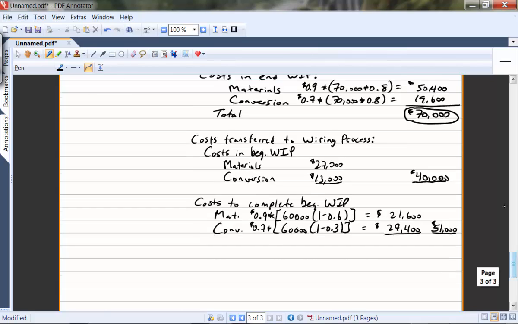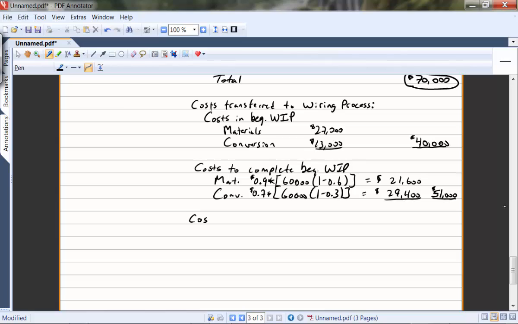And then finally, there were many units that we started this period and completed. So cost of units started and completed, for materials and for conversion. How many units did we start and complete this period? Well, it would be the number of units that we started minus the units that are left at the end, using our formula from before.